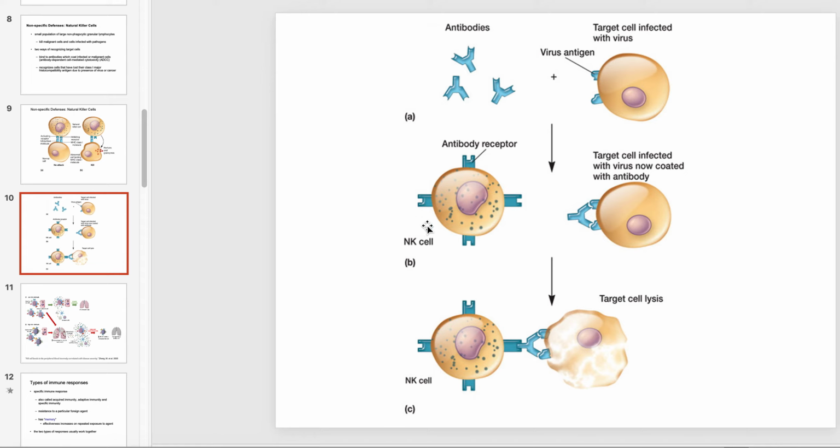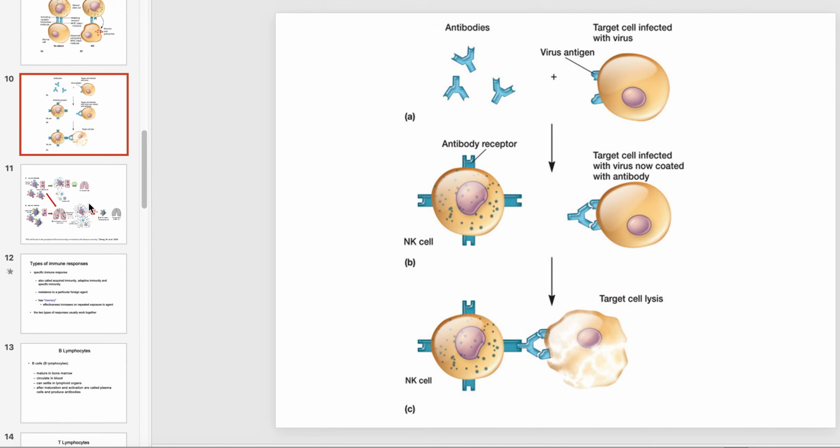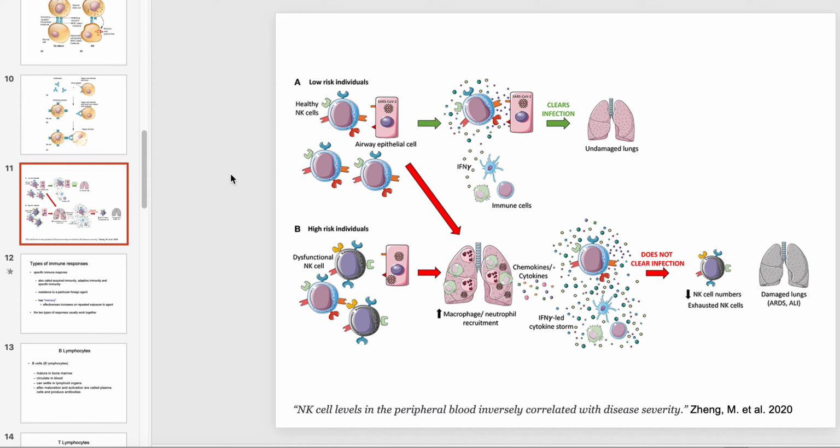Obviously, you don't want NK cells just running around killing normal, healthy cells in your body. So there has to be a way for these guys to triage and figure out who's healthy and who's not. And this is one way that this happens, having antibodies on the surface that are bound to virus antigens that are being displayed. And so again, we look at low-risk individuals versus high-risk individuals and outcomes for these guys. There's a healthy population of NK cells. Here's a virus-infected cell.